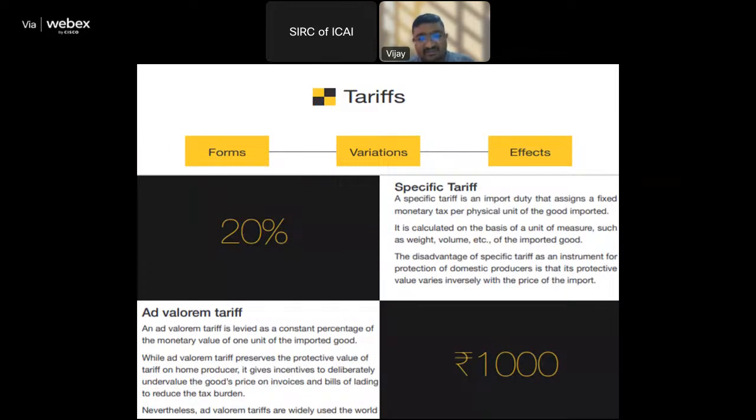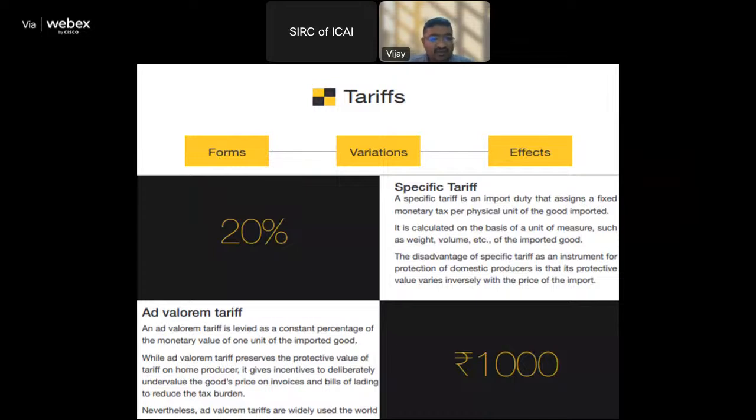Tariff measures: different types of tariff. This tariff, which is nothing but the customs duty tariff, is almost similar to our GST. GST is also levied on the value of goods and services.